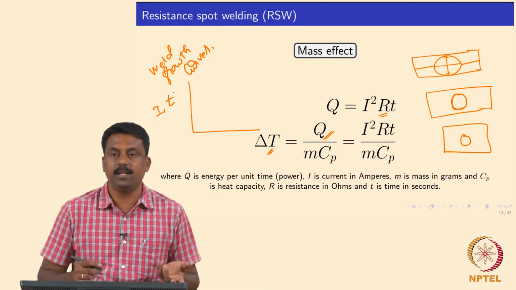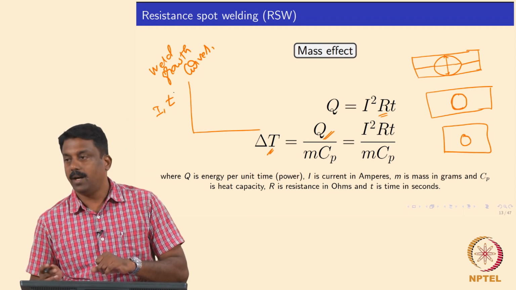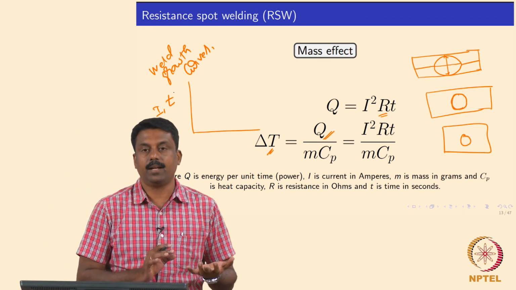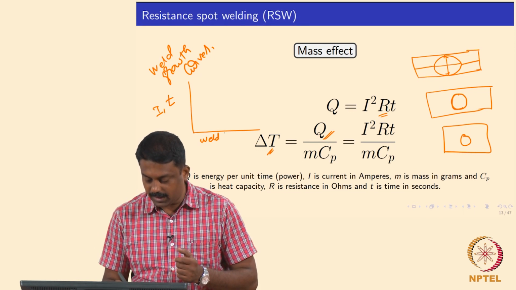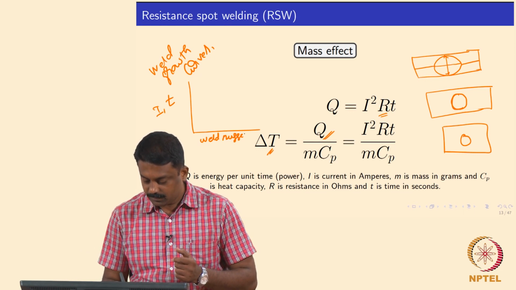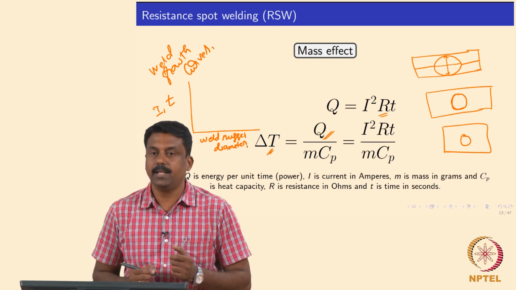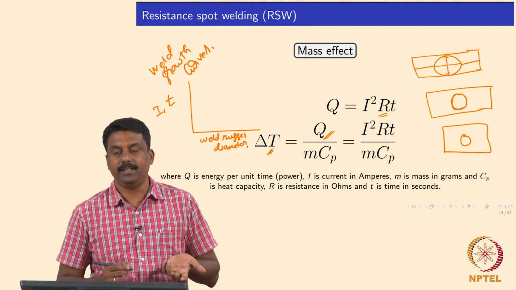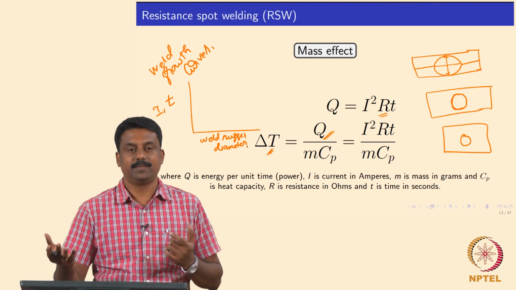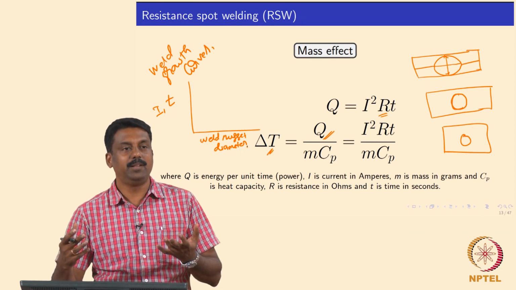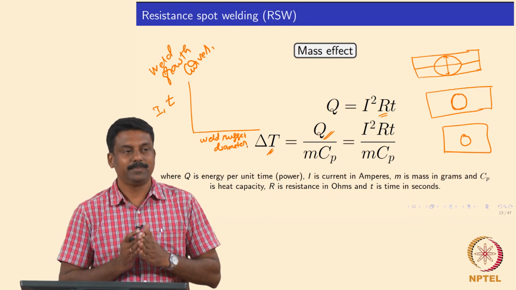Either we fix the current and vary the welding time, or fix the time and vary the welding current. Both will lead to increasing weld nugget diameter. Isn't it? Because of I squared R T, either fix T and vary I or fix I and vary T, and both will lead to a change in nugget diameter, okay.